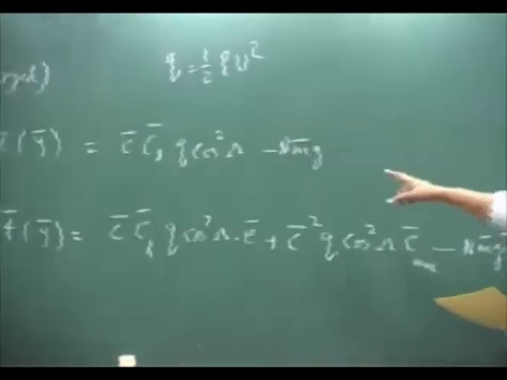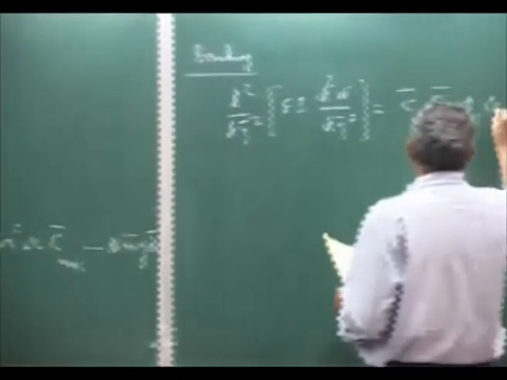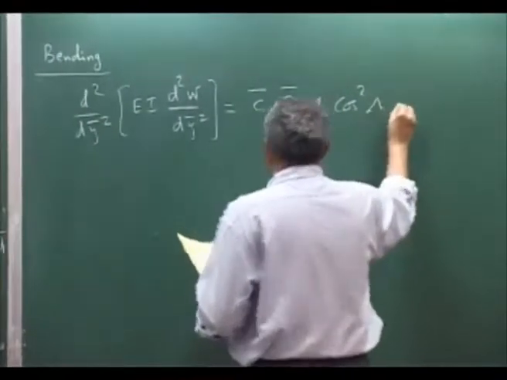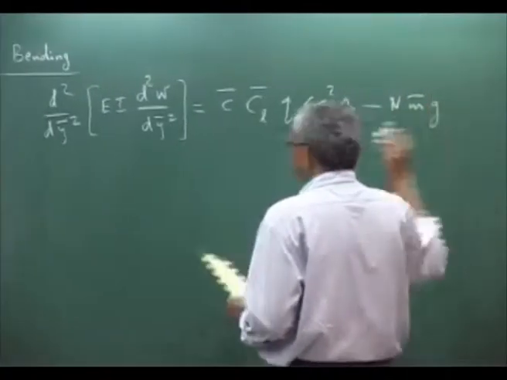Distributed load is here. You will have c bar CL bar q cosine squared lambda minus n m bar.